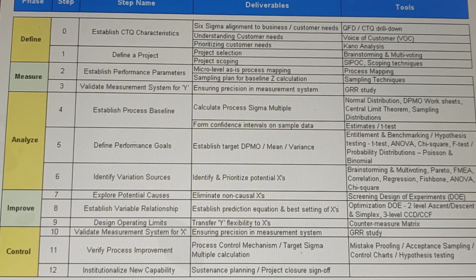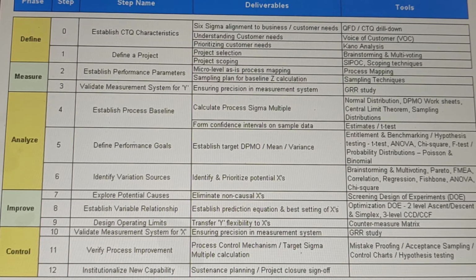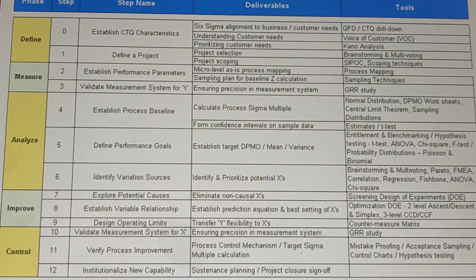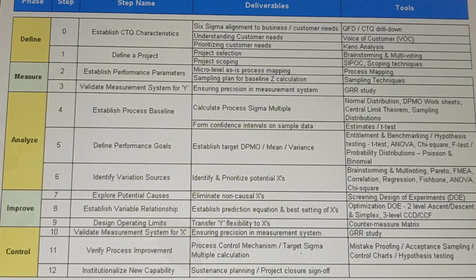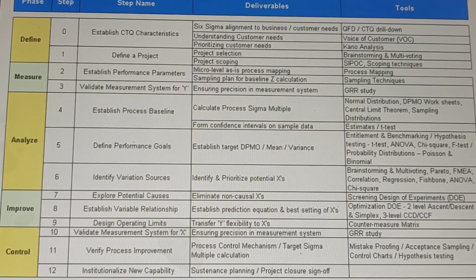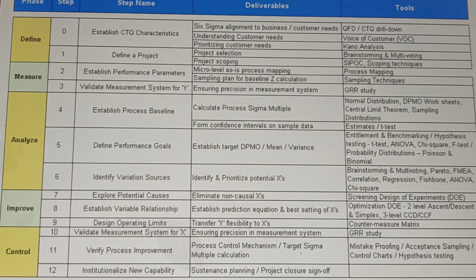What is shortlisted? There may be hundreds of CTQs. Then what are the shortlisted CTQs? So how to shortlist? We cannot take everything as a Six Sigma project. Say we have 20 CTQs. Which one is to be selected for a Six Sigma project?